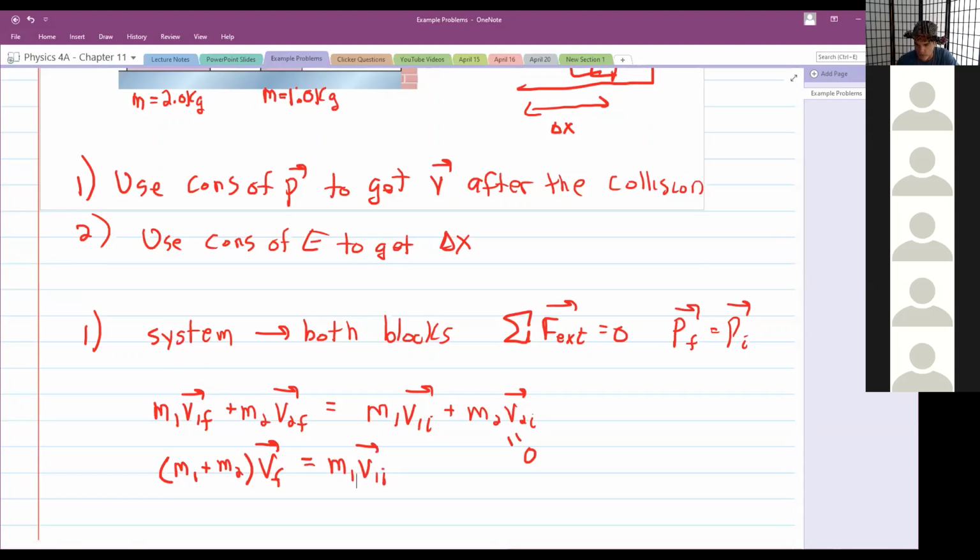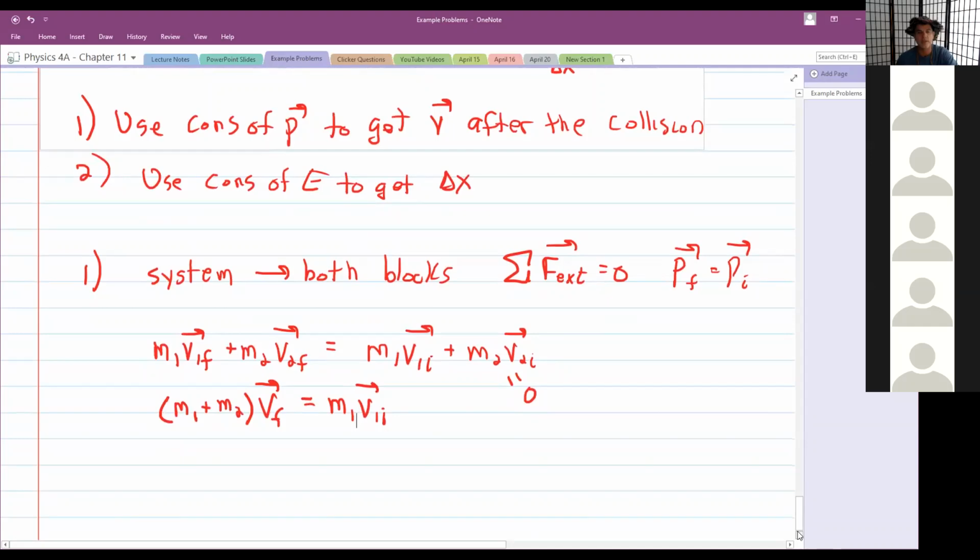So initially, only block 1 is moving. Then it collides, they stick together, they move as one. Any force they exert on each other is an internal force, which means it's not affecting the overall momentum of the system. So momentum is conserved, but energy most definitely is not conserved. And in fact, you could calculate the total kinetic energy beforehand and the total kinetic energy afterwards, and you would see it's not.